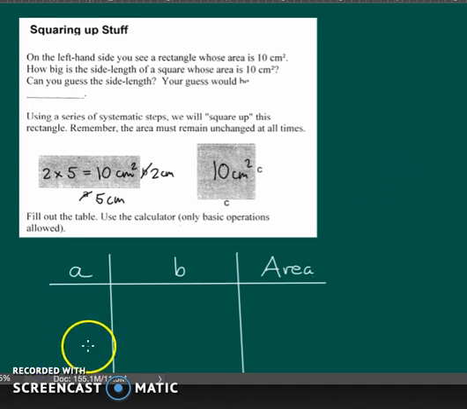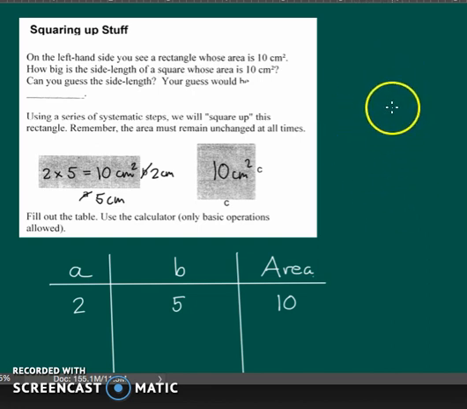First of all, I'm going to need to take an estimate of what I think the side lengths would be if this were a square. For the first example where we had a rectangle, we had one side length as 2 and the other one as 5, and of course the area was 10. Now 2 and 5 aren't nearly close to each other, so we definitely know that this is not a square.